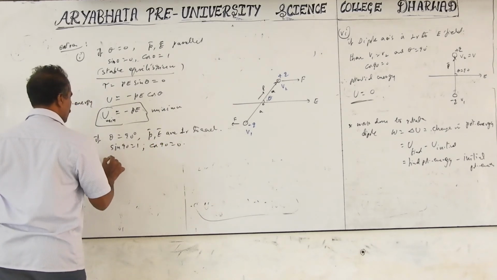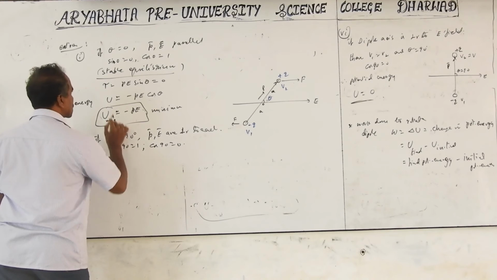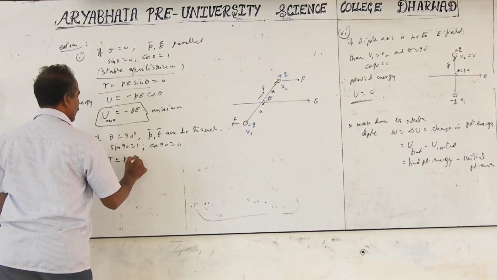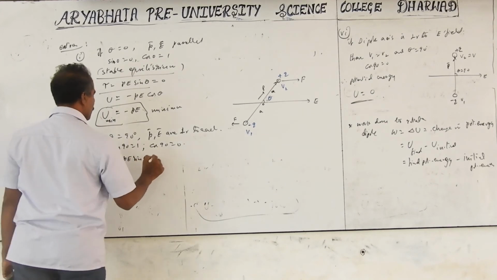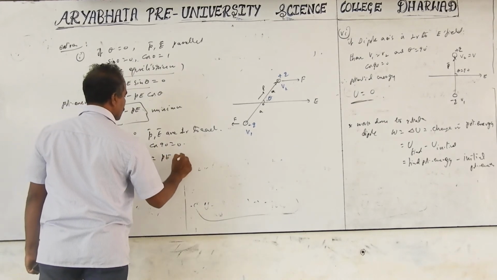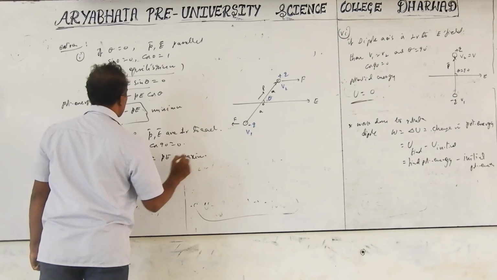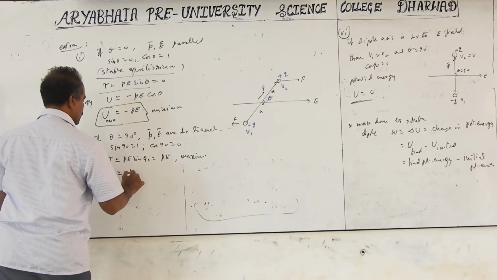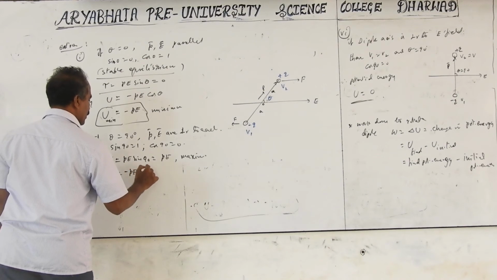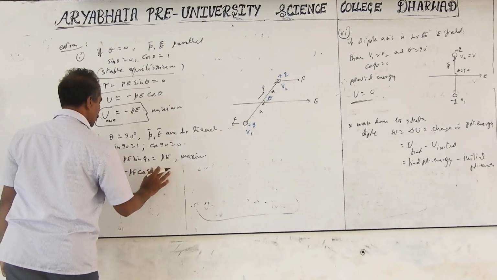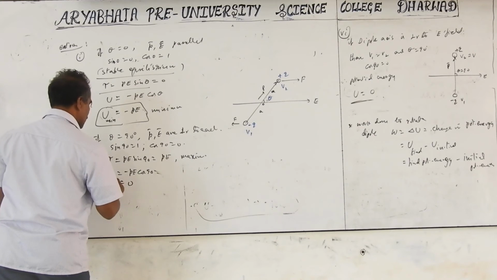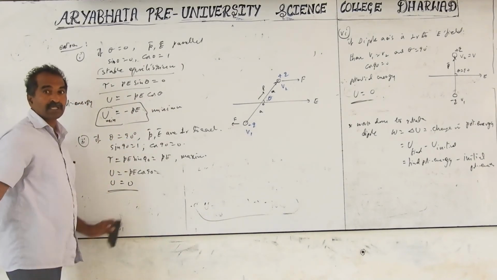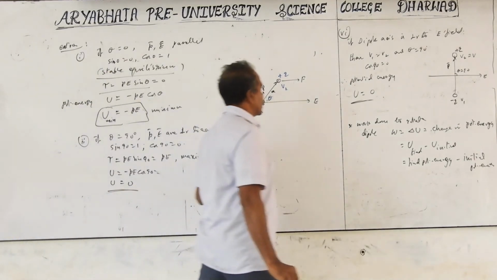So you get the torque equal to pE sin theta, sin 90 equals 1, which equals pE, that is maximum. Torque is maximum, but potential energy U equals minus pE cos 90. Cos 90 is 0, therefore potential energy is 0. But 0 is not the minimum here. The minus value, less than 0, is the minimum in this case, not 0. That you have to get.